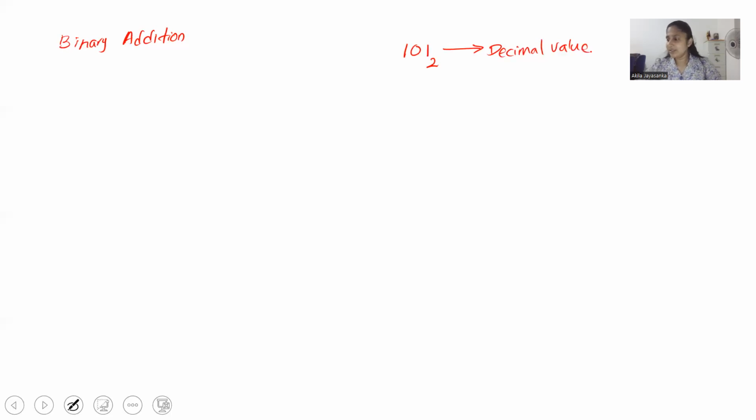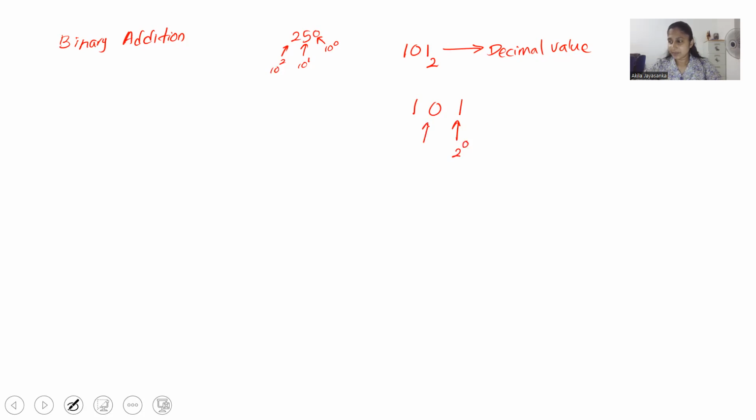To do that, you know that if we take the value 250, this is a base 10 number, so this digit represents the ones place, this represents the tens place, and this one the hundreds place. Right? When it comes to the binary format, what is the value of this place? 2 to the power 0.